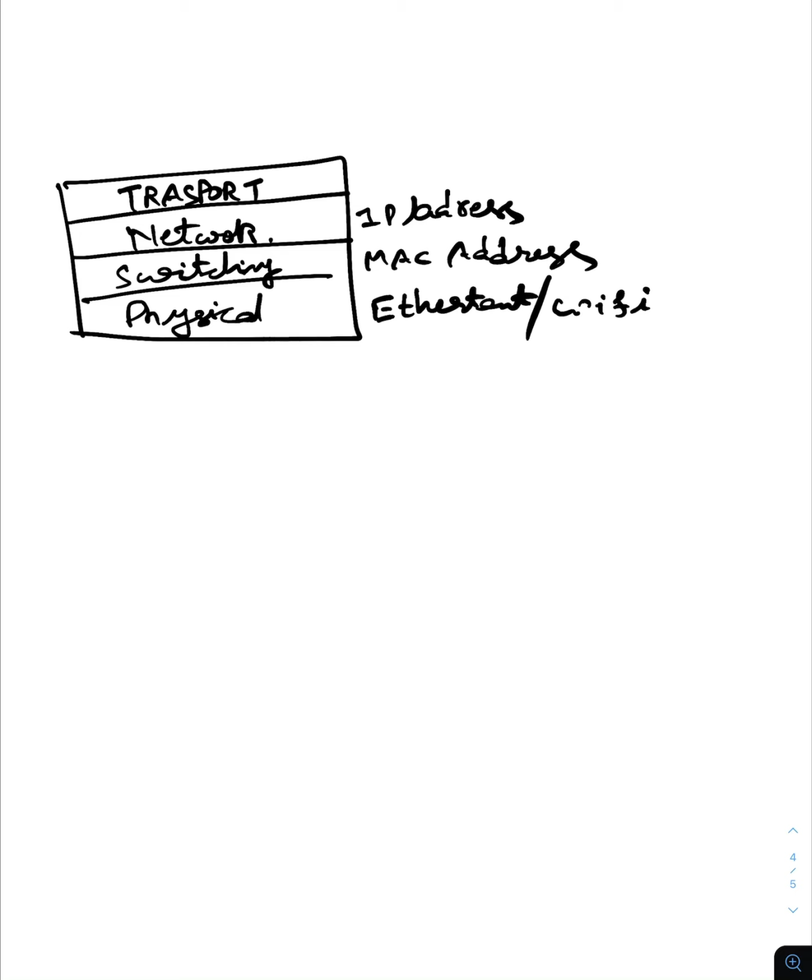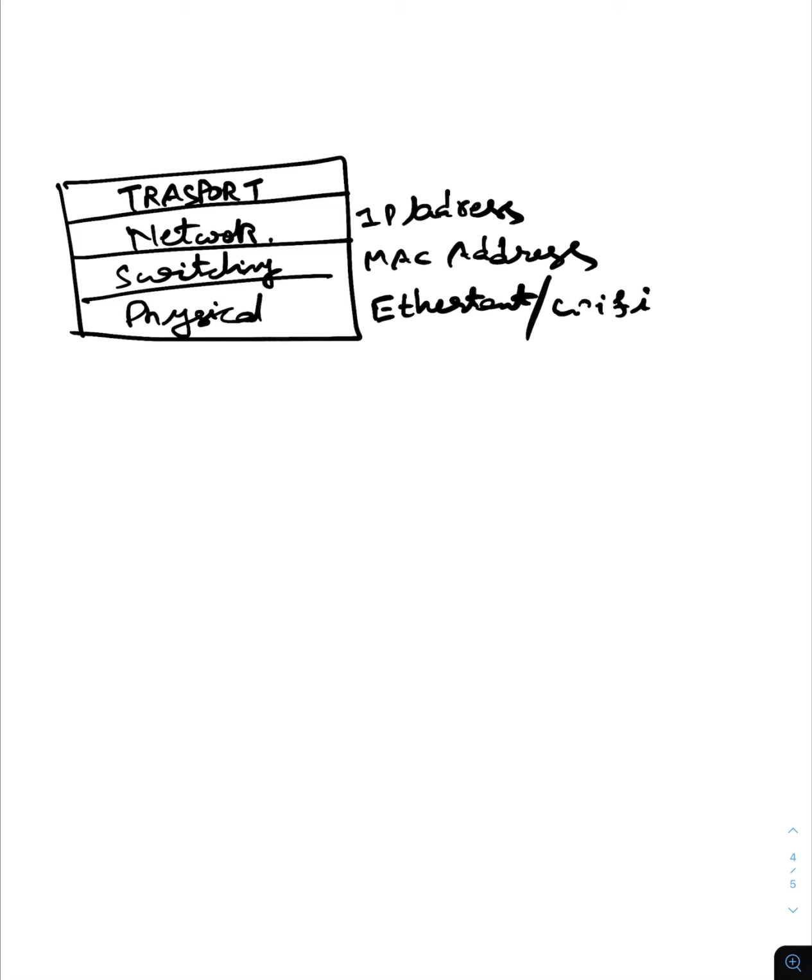Switching is whether you're sending your data packet within the same network, and the network layer is if you're sending it to different networks. Switching and the network layer talk about where you're sending the data packet, within the network or to a different network. Physical is the medium, but the transport layer is how your data packet travels.